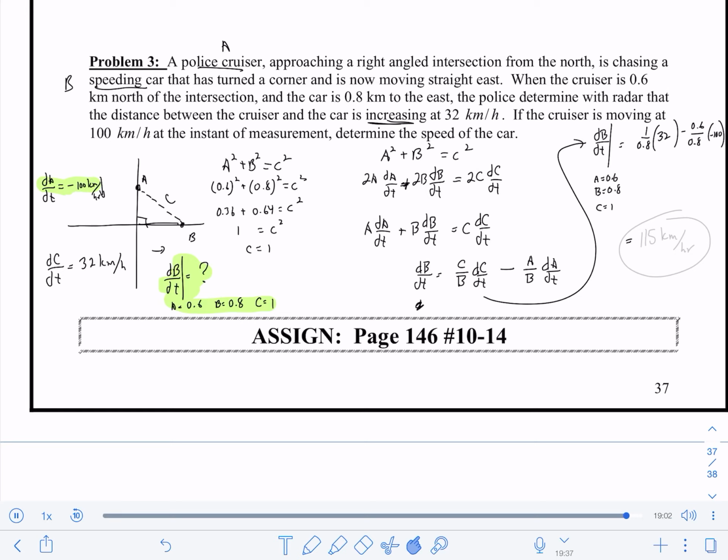And if I plug that all into my calculator, I get 115 kilometers per hour.